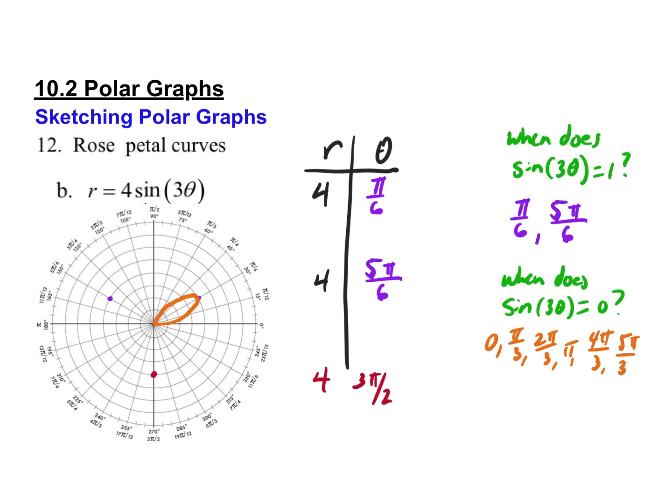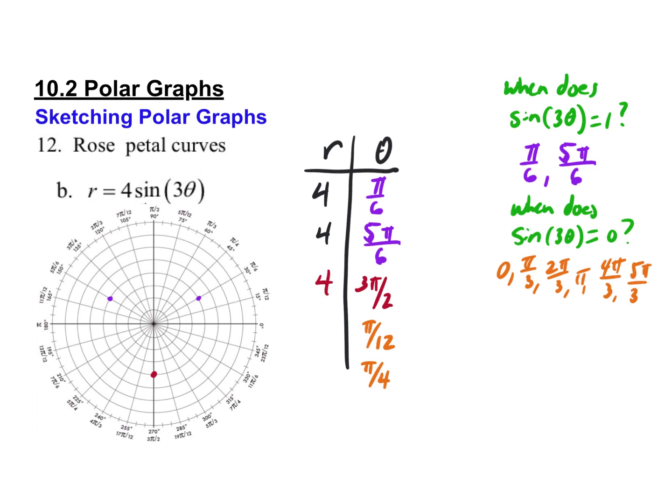And so, again, in order to get our best graph, what I'm going to do now is look at pi over 12, because that orange I drew is still not as accurate as it could be. Because I want to see what happens here at pi over 12. What's the radius? How far out does it go at this point? And how far out does it go at this point? I'm going to make a guess that those should be the same.